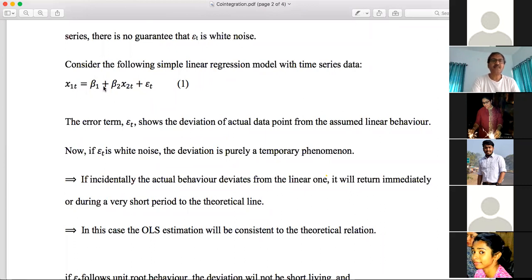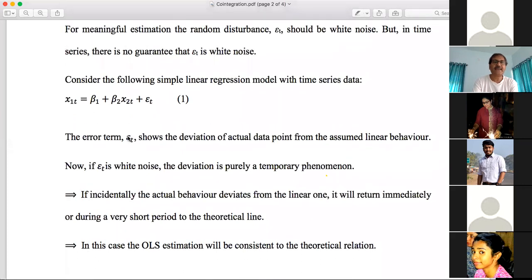The model you have specified will be meaningful if the deviation is a temporary phenomenon. But if the deviation is not temporary, if it is a long-lasting phenomenon, then this linear regression model will not be meaningful at all.